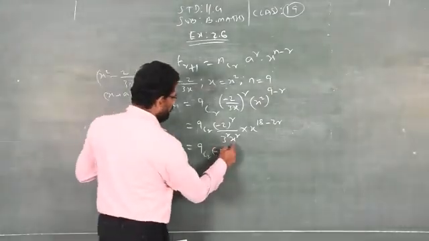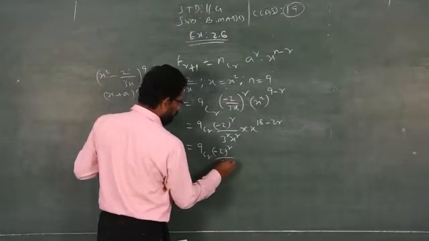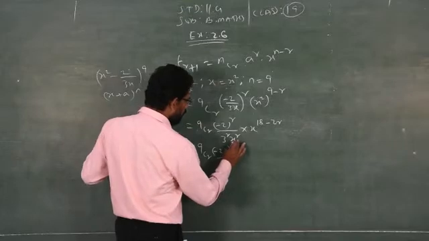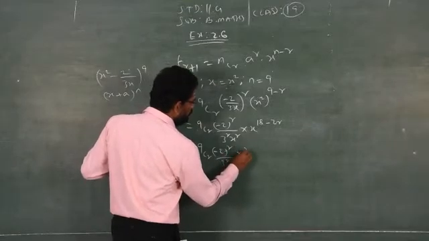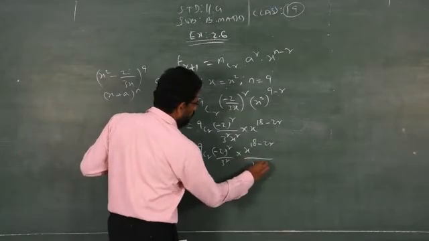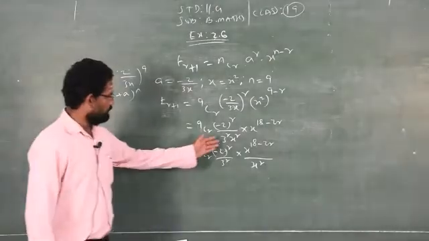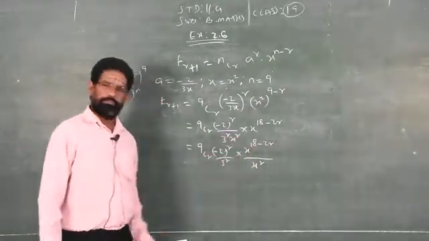Clear? So what is here x? So minus 2 power r, 3 power r, then this into x power 18 minus 2r by x power r. See, I just separate that x variable, and I separate the r group.